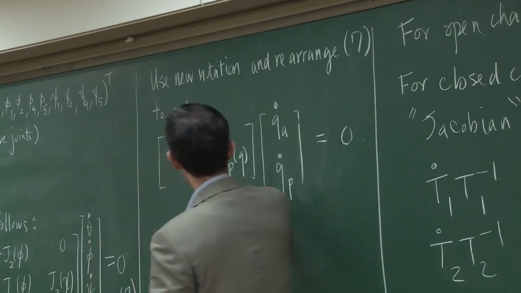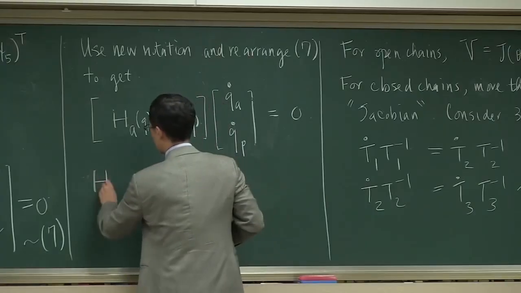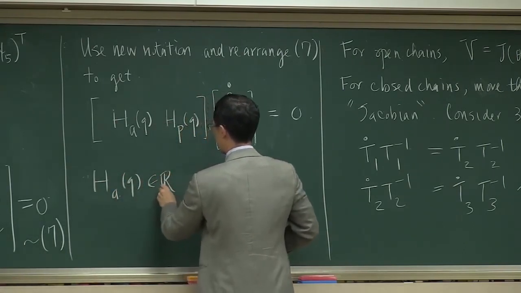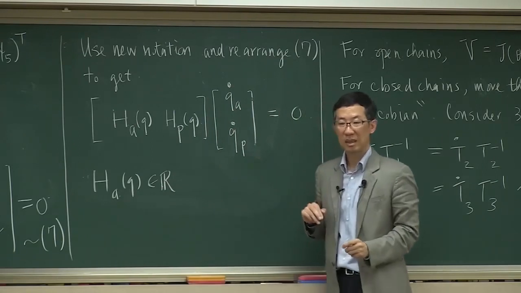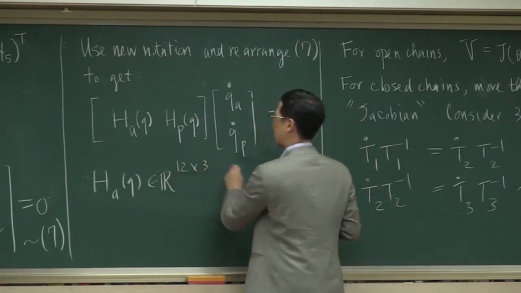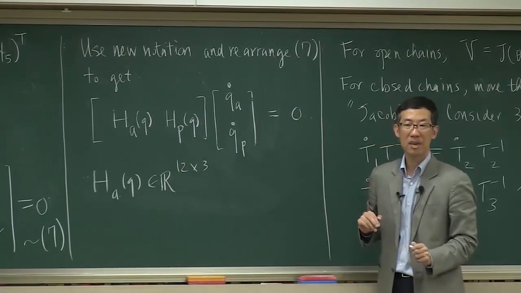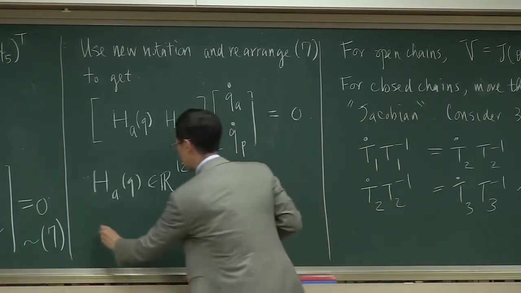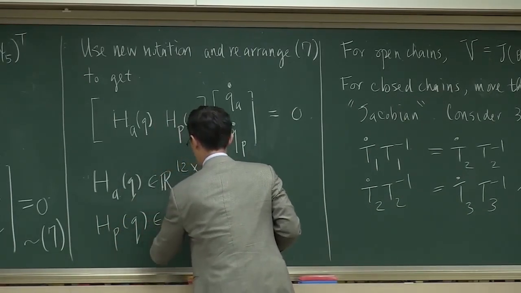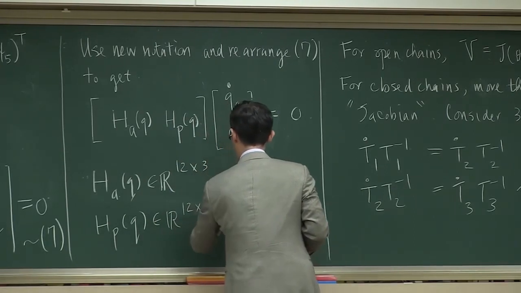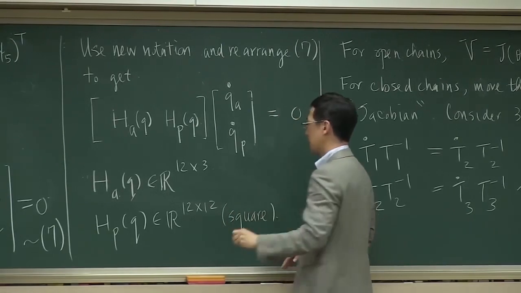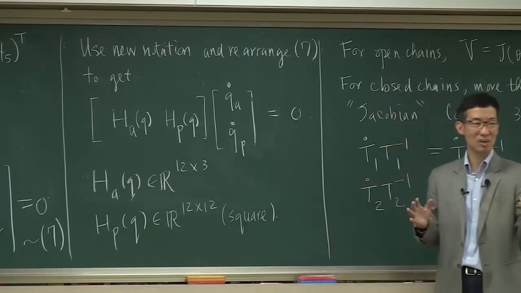So this H sub A, what's the size of this matrix? It's 12 by 3, I believe. And H sub P is 12 by 12. It's square. When you see square matrices, it's usually a good thing.